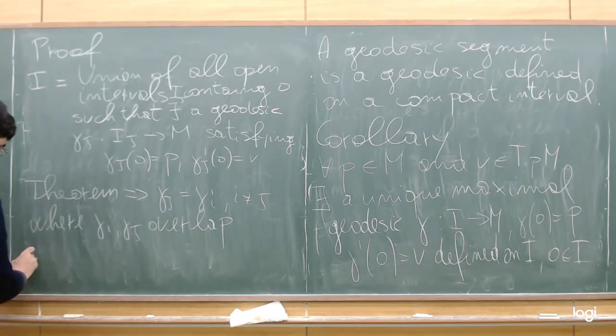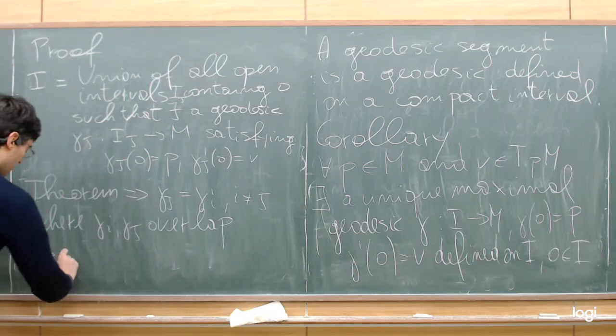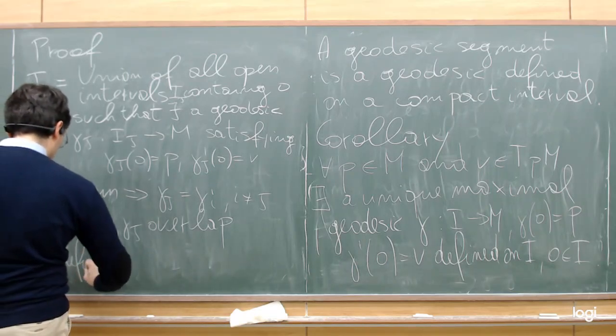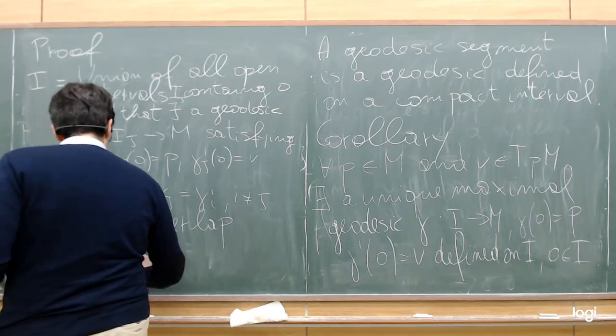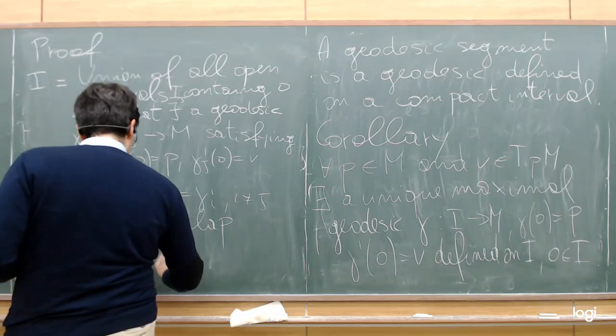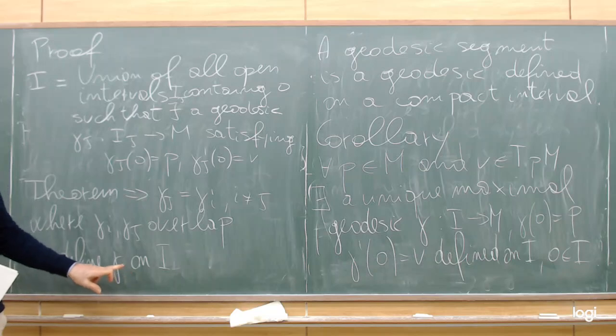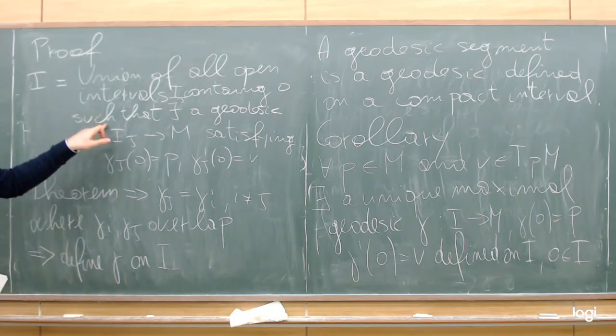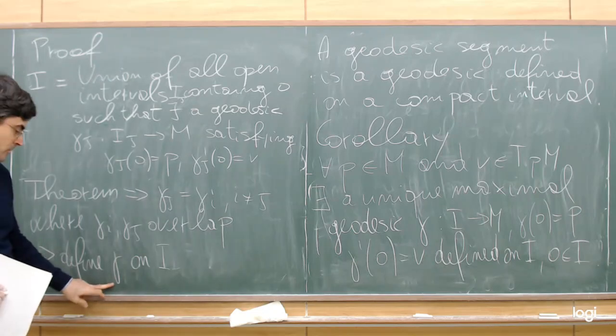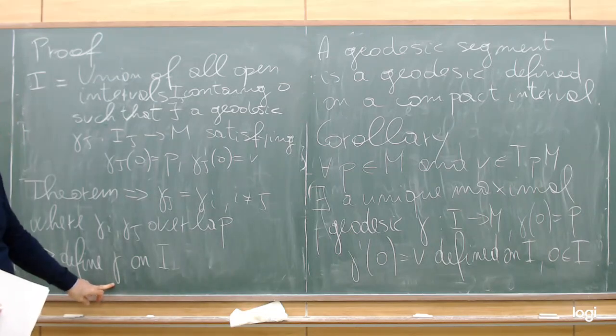So you can define gamma on I taking the common values of these geodesics. And it is clearly the unique maximal geodesic having this property.